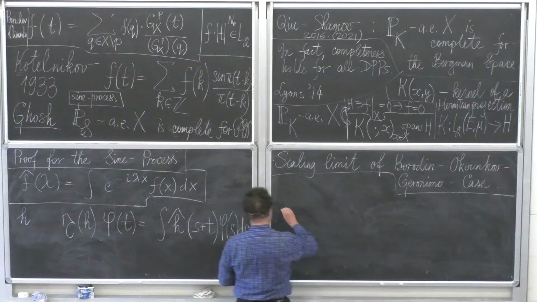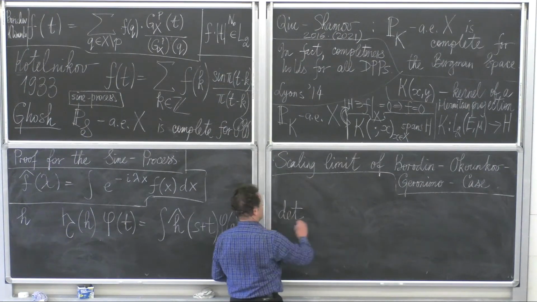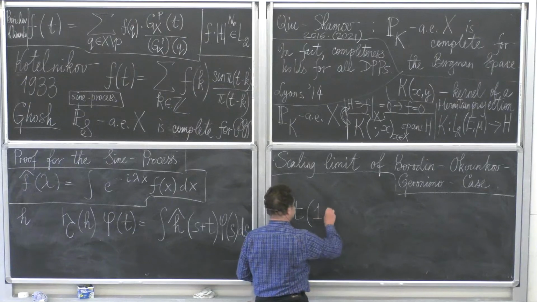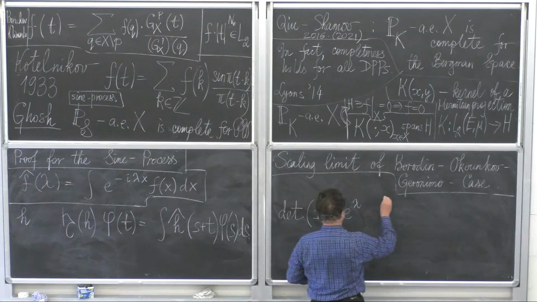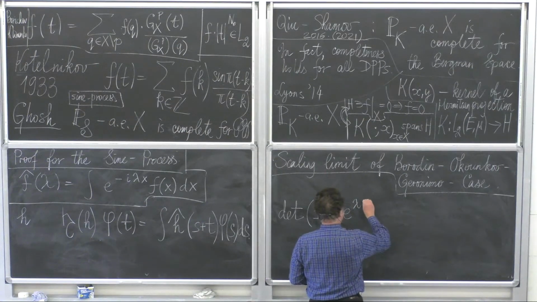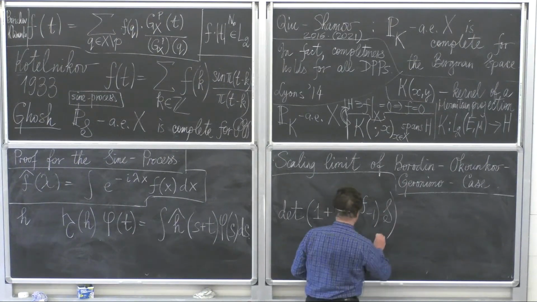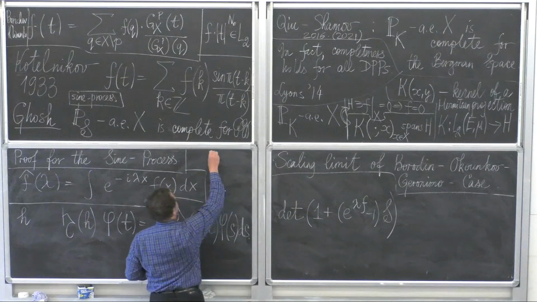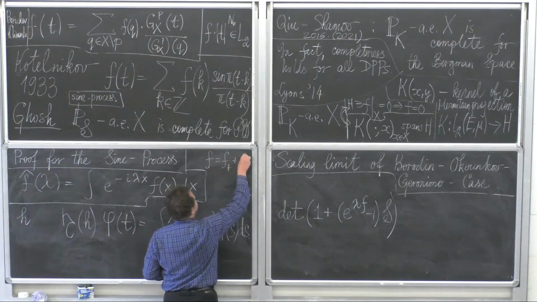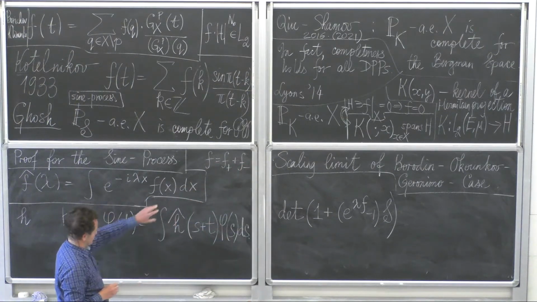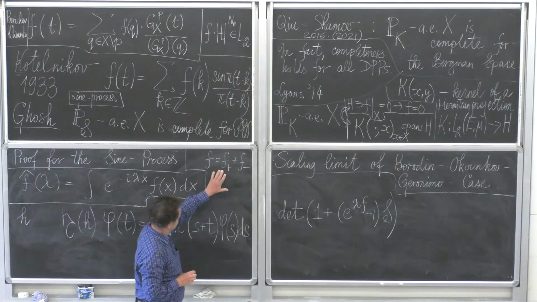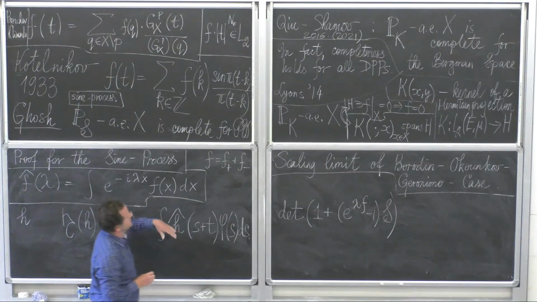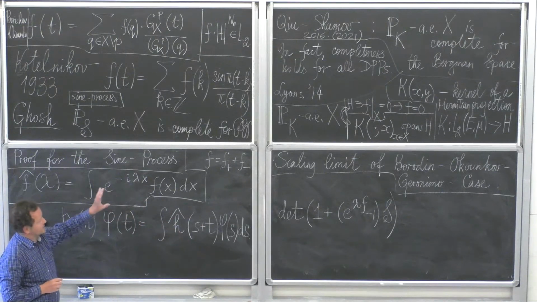I want an estimate for the expectation of a multiplicative functional under the sine process. As usual, I write f equals f plus plus f minus, where the Fourier support of f plus is on the positive half line and the Fourier support of f minus is on the negative half line. I don't need f to be real valued.